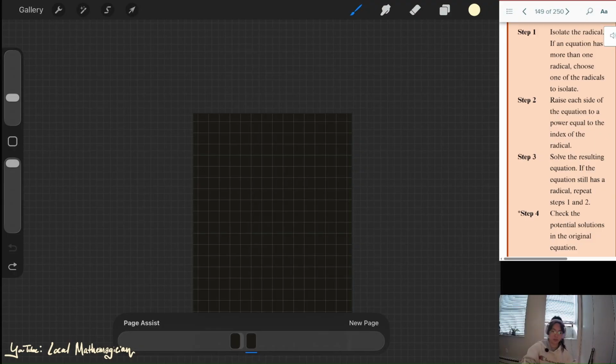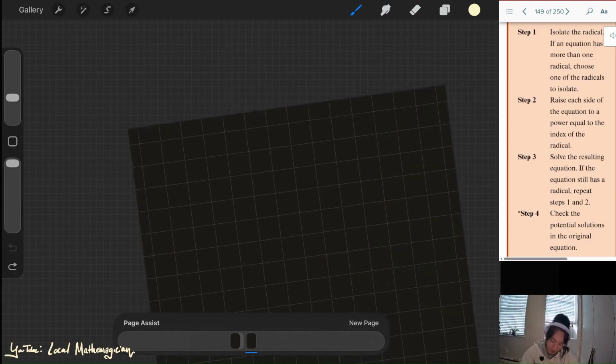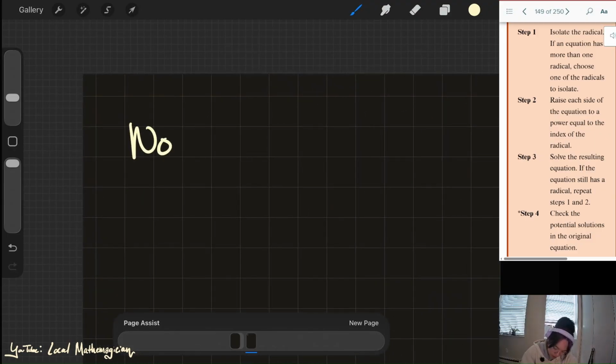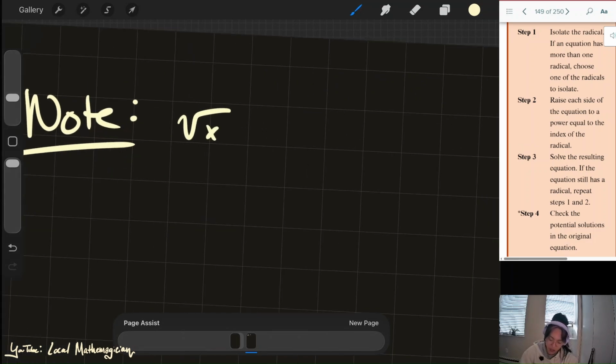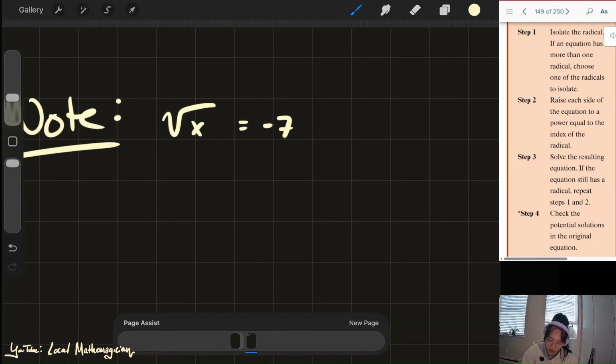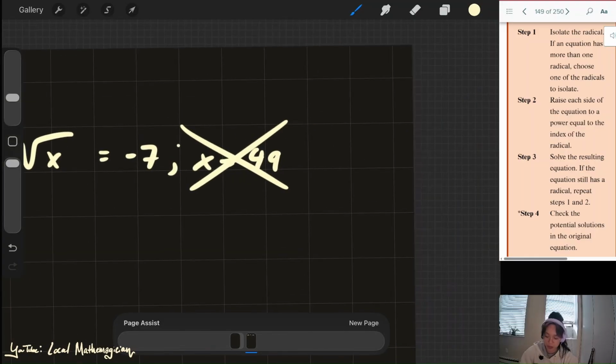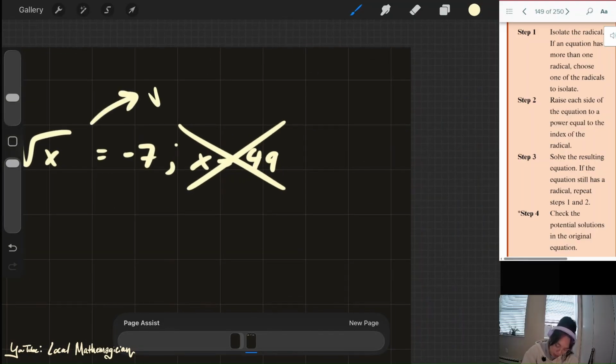Important note. You might, hear me out, be tempted to say if the square root of x is equal to -7, x is equal to 49. That is not true, because this insists on the principal or positive root.